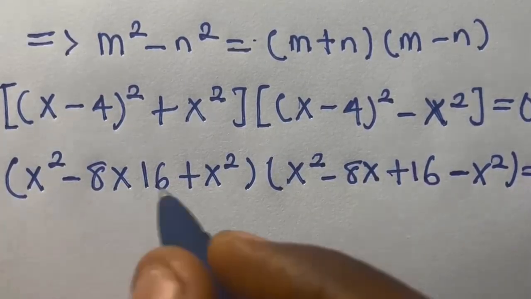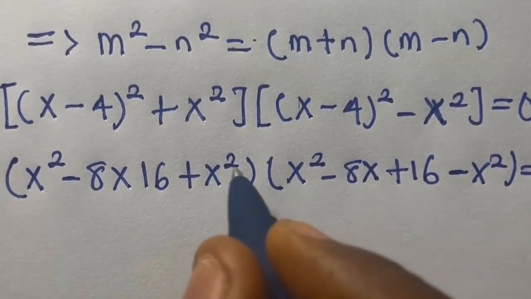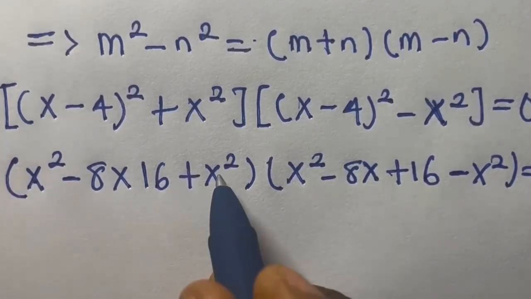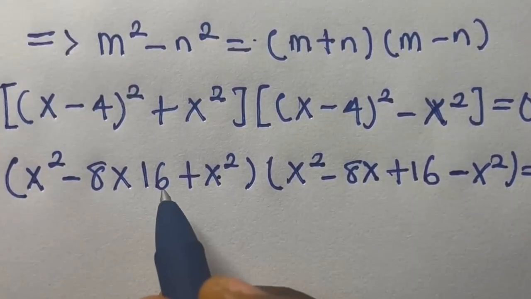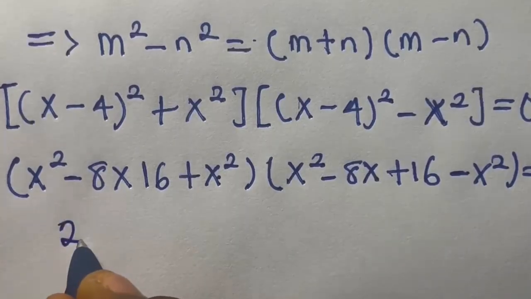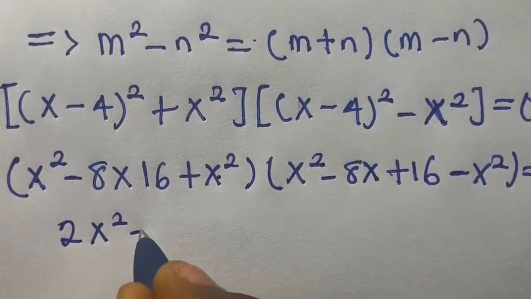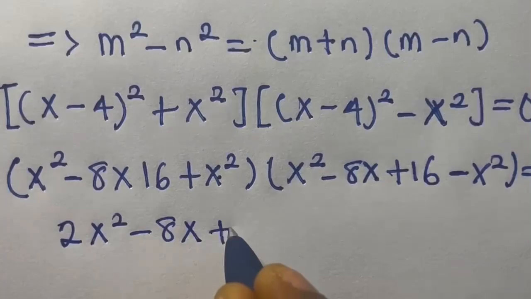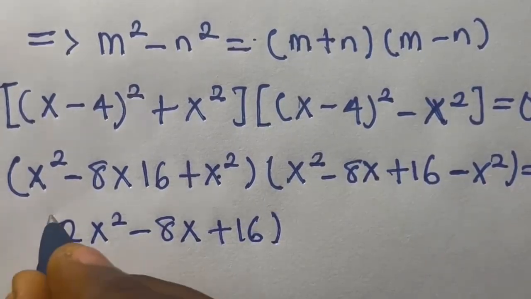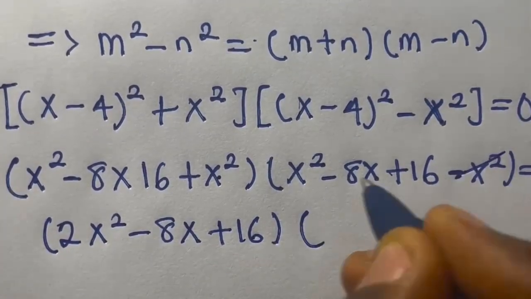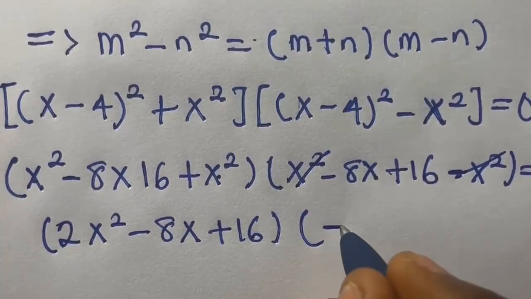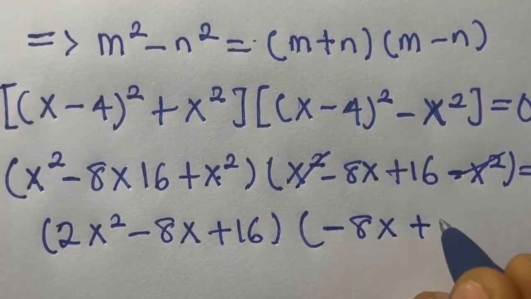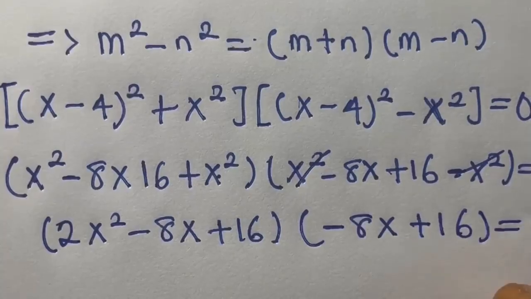Now if you look at this, you will see that this and this are common terms. So we have 2x squared minus 8x plus 16. But here we cancel out this, so we have minus 8x plus 16 equals 0.